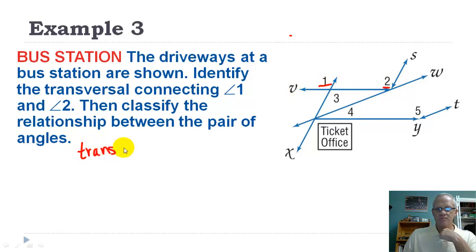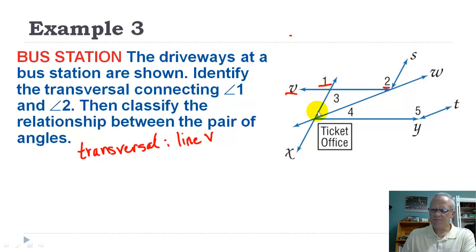So first of all, the transversal is line V. Okay, line V is the transversal. And so if that's the transversal, this line X and line S, those are your two lines there. And so look at angle 1 and angle 2. Are they both interior or both exterior or one of both?